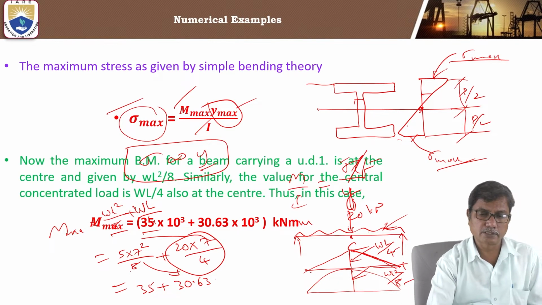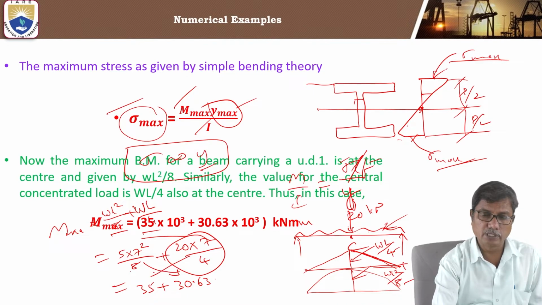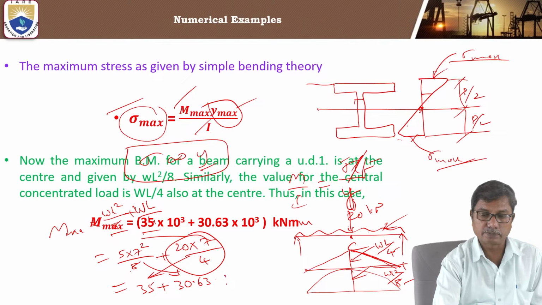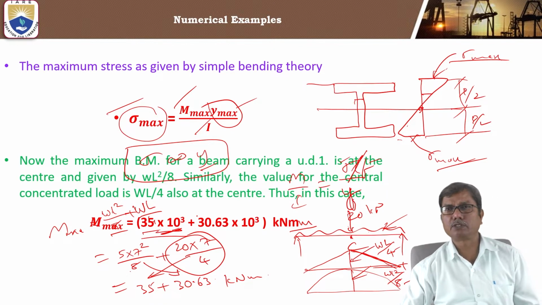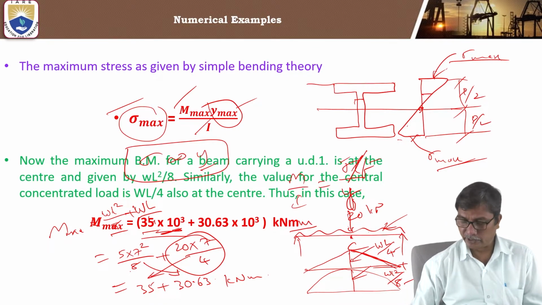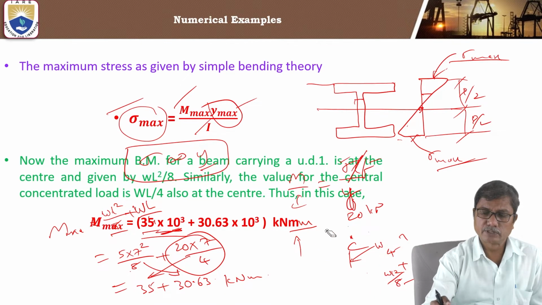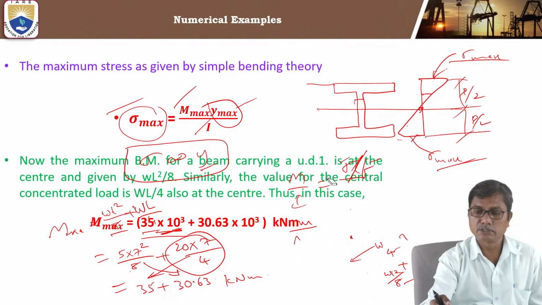WL square by 8 is 30.63, and WL by 4 is 35 kilonewton meters. In kilonewton millimeters, it is 35 into 10 cube kilonewton millimeters.